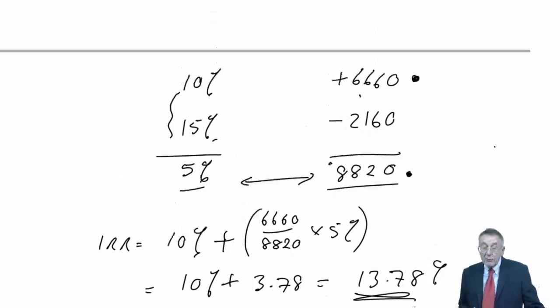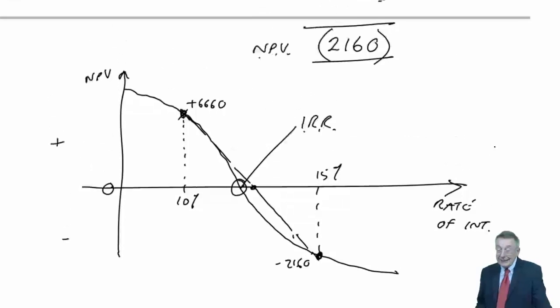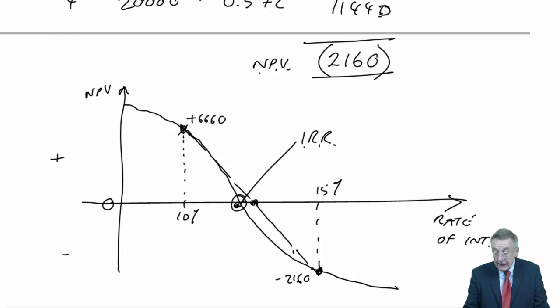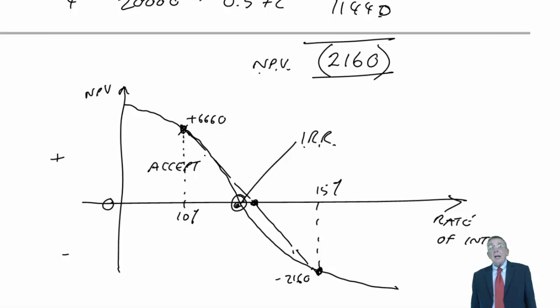And secondly, the relevance of it. We think, for our example, the cost of money is 10%. And at 10%, it's positive and we accept. But it's likely that we don't know the cost of money exactly.